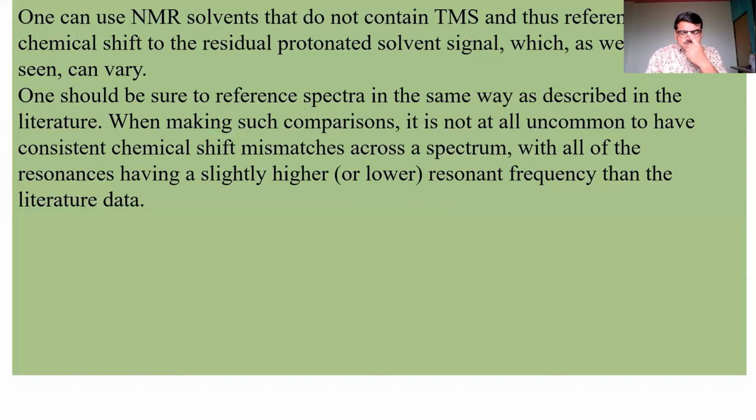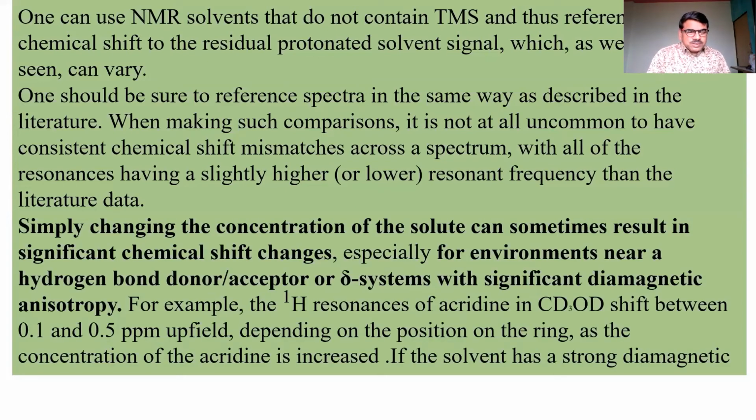In that sense, the solvent effect is observed. Simply changing the concentration of the solute can sometimes result in significant chemical shift changes, especially for environments near a hydrogen bond donor or acceptor or a group with significant diamagnetic anisotropy.